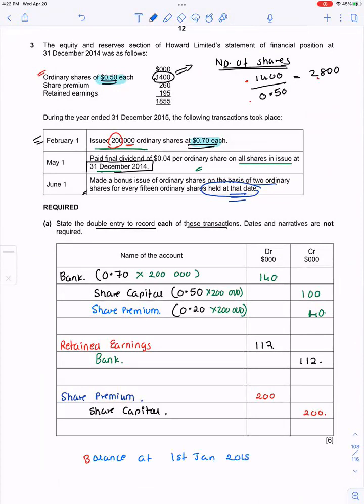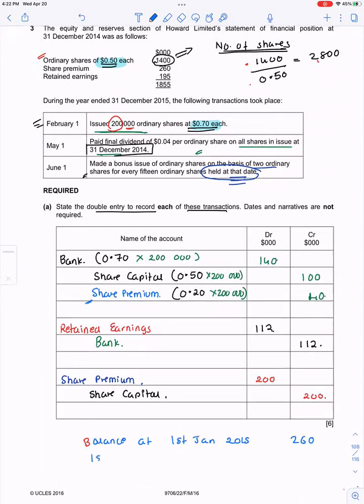How much was it? 260. Then you've issued shares at premium. So money is coming into your share premium. Issue of shares. I am only making the share premium column of the statement of changes in equity.